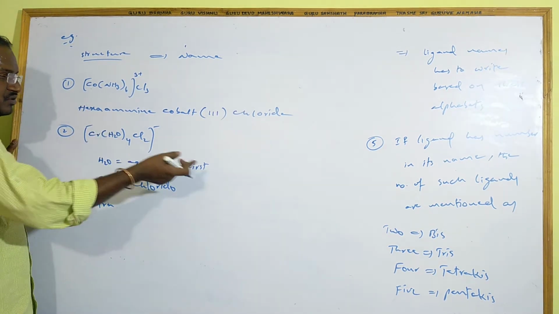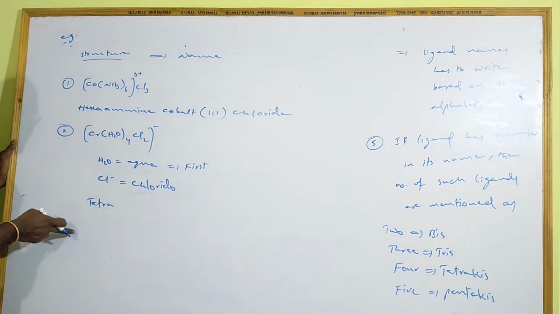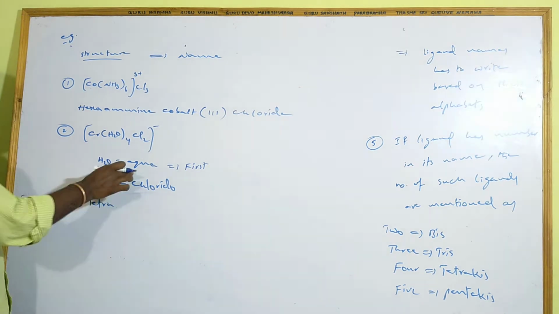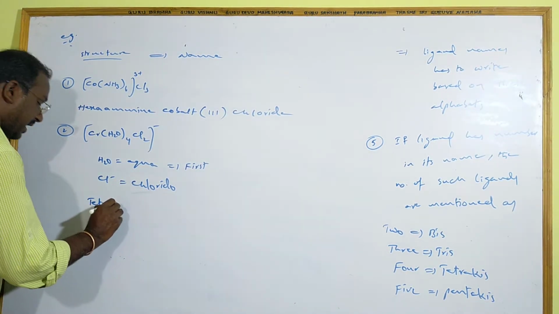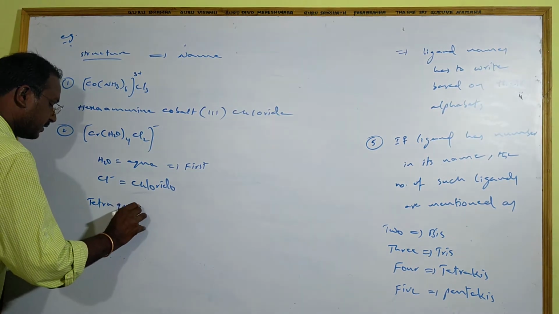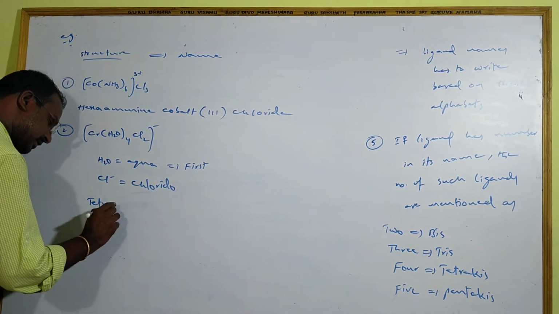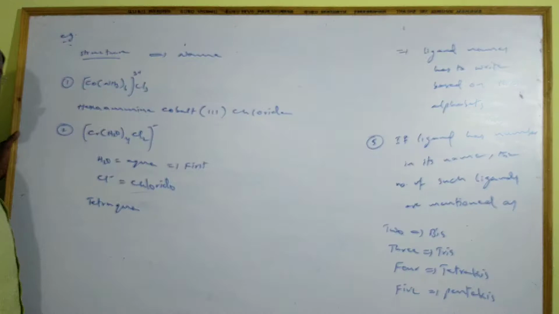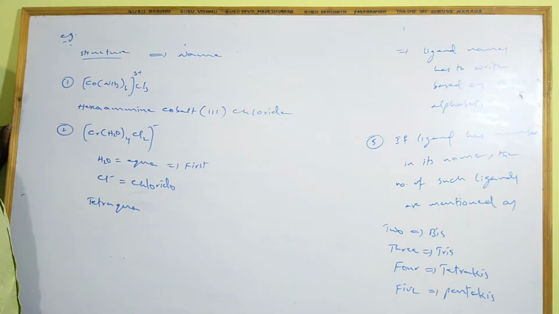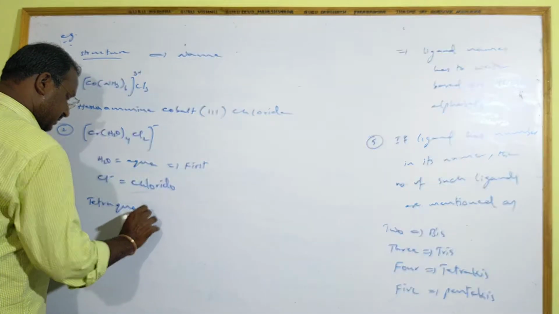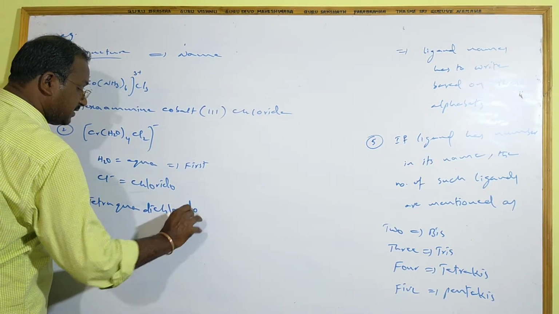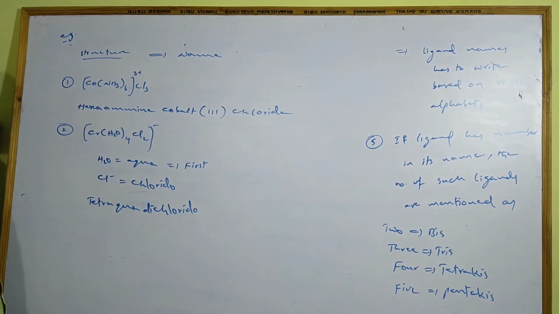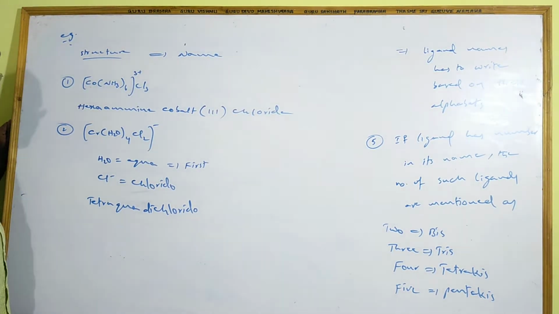In the name aqua there is no number, so there is no need to write tetrakis, just the simple name. So tetraaqua. After that, dichlorido, because two chlorides are there. The ligands are completed.